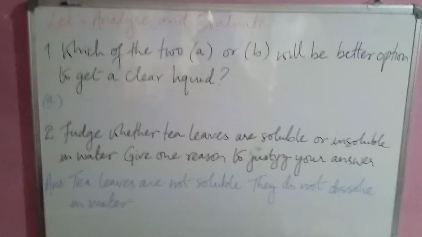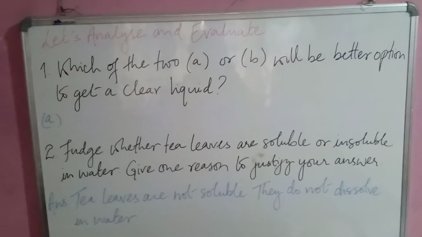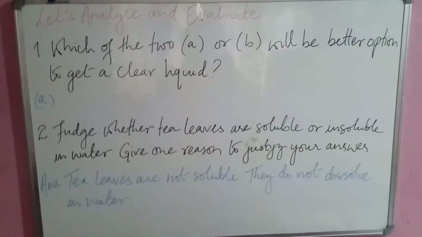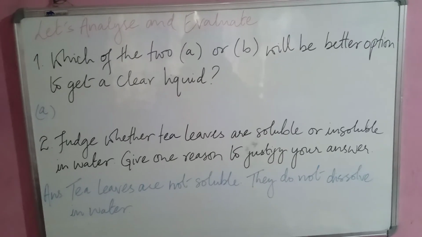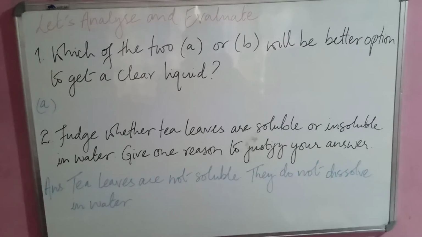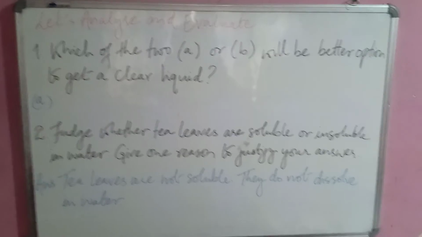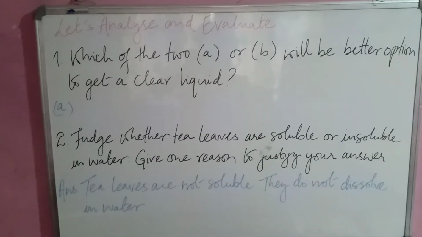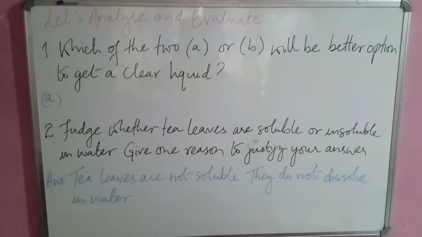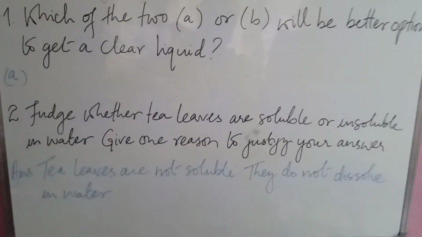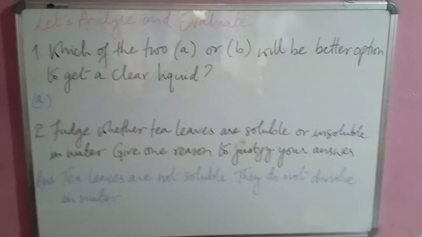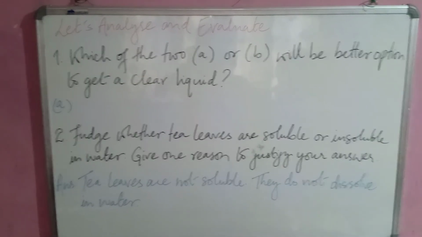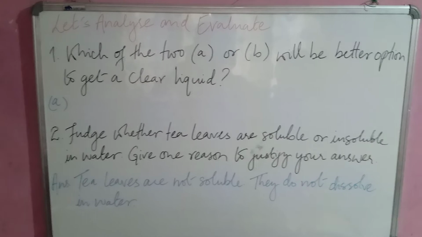As you can see, in option A the tea leaves have been retained, so that we get a clear liquid. In this picture we get clear tea in the cup, without any tea leaves. So option A is the better one.